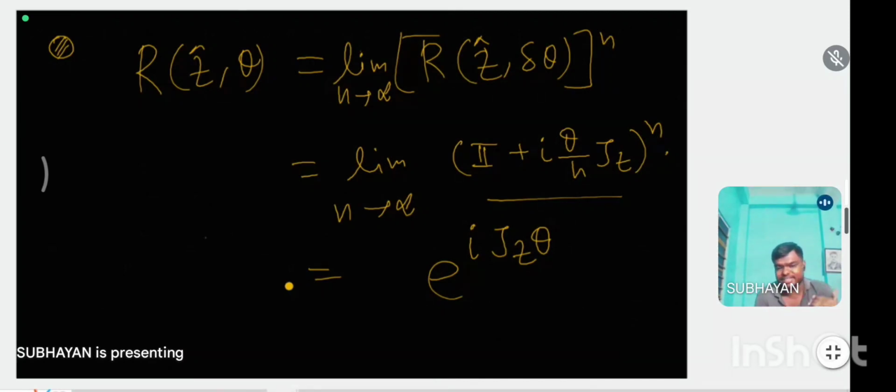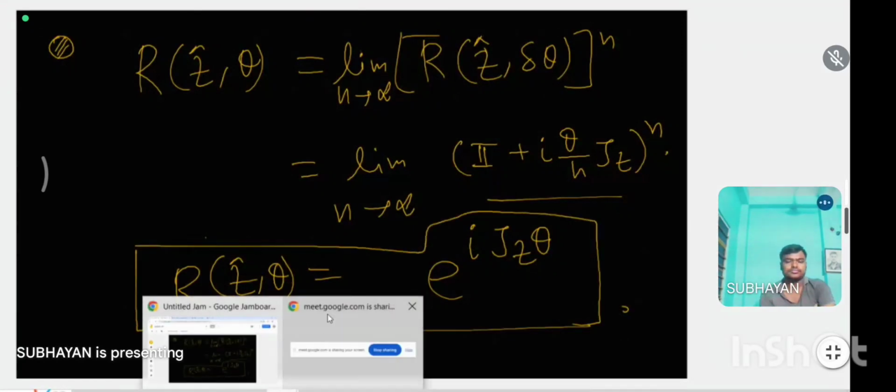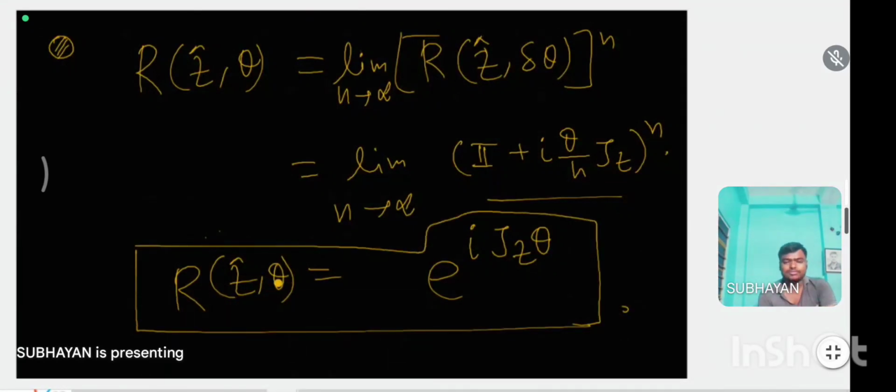So we have already found the matrix element of R z cap theta, but in operator form you have this is R of z cap, the operator. Okay. So similarly about x and y axis, you can do the same thing, and you will find e to the power I, suppose Jy of theta, and Jx of theta.